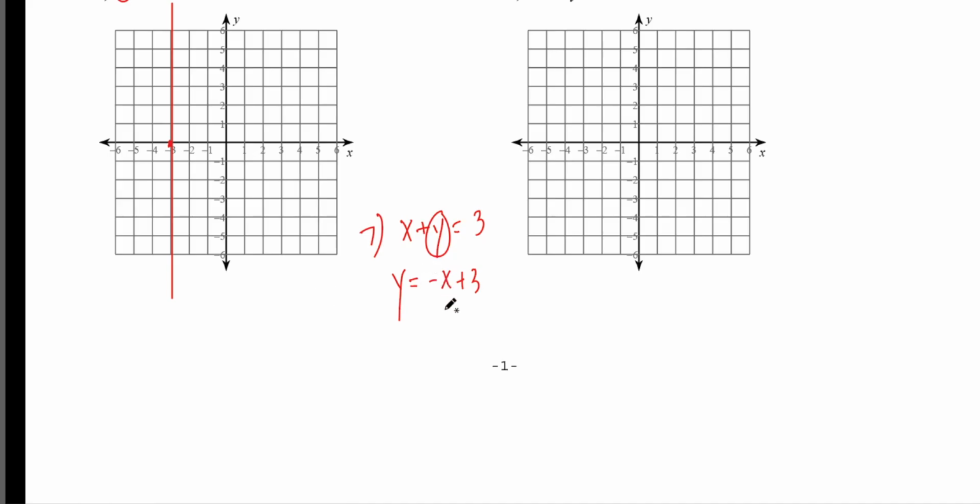It's not 1, because there's no number in front of the x, but there is one. There's always a number in front of an x. What's the number always in front of an x if you don't see a number? It's a 1. But this is not just a 1, it's a -1. So it's -1 over 1. Or if you wanted to, you could write 1 over -1. Okay? So you do the y-intercept first.